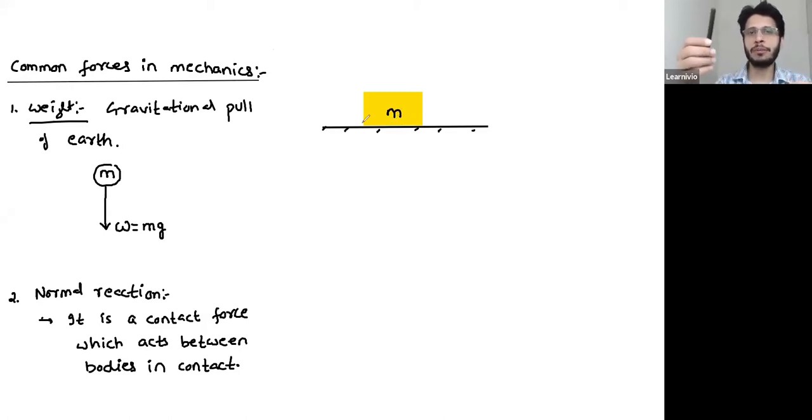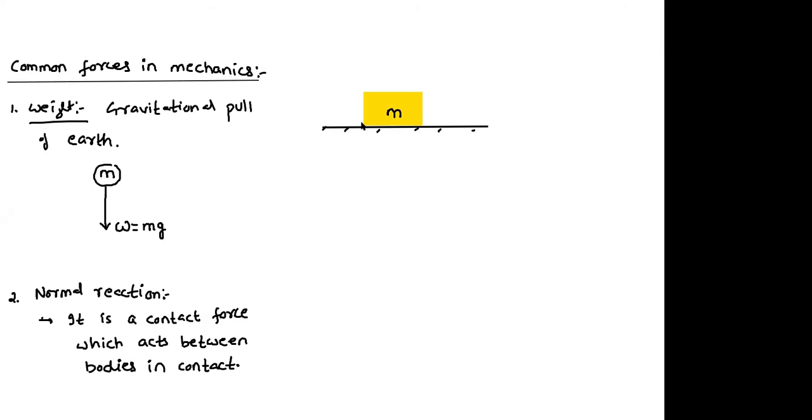See some examples of normal reaction. If I release this pen in air, then this pen will fall downwards. Why is it going downwards, Sanya? Which force is pulling this pen in downwards direction? Gravitational.